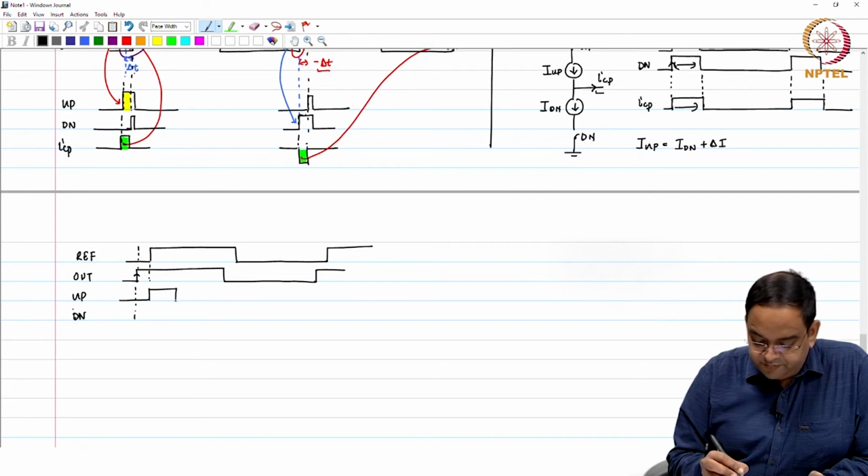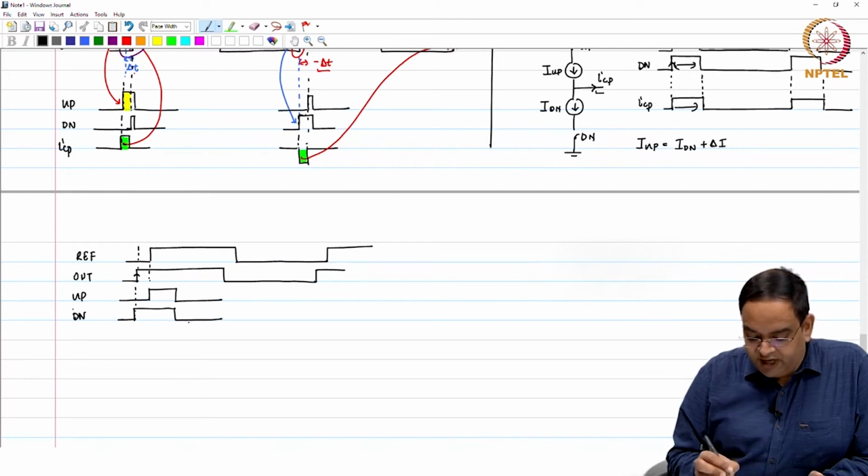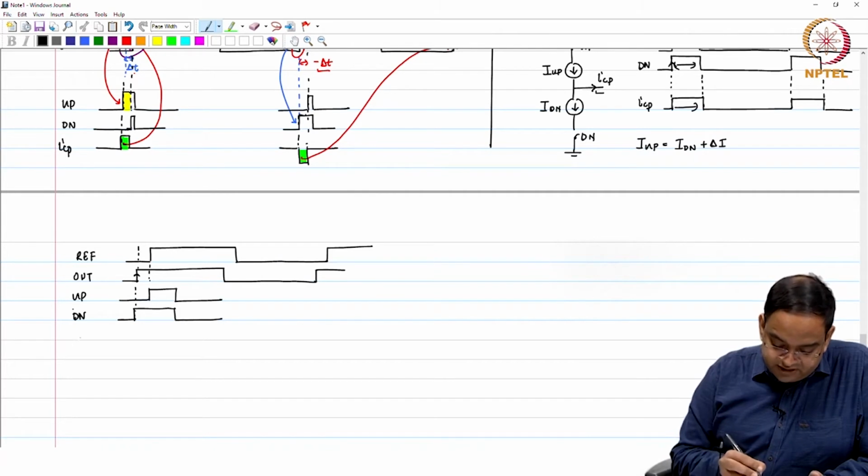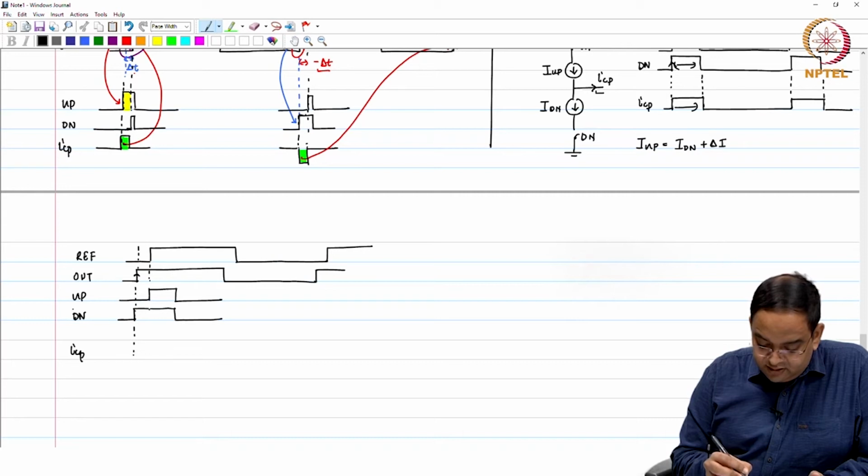So, we know when down comes first, in that particular case your ICP is going to be minus I down.